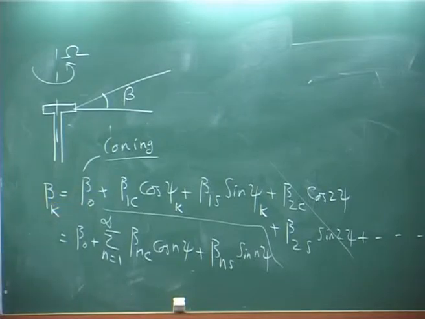Now how do we achieve the flapping? Because the pilot gives only pitch angle change, okay. You know that in collective pitch, all the blades experience the same change in pitch. That means thrust will go up, more weight, more lift.